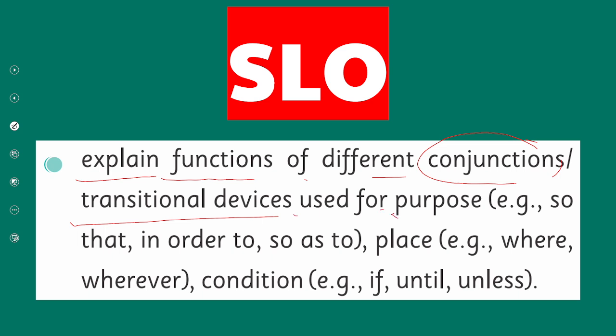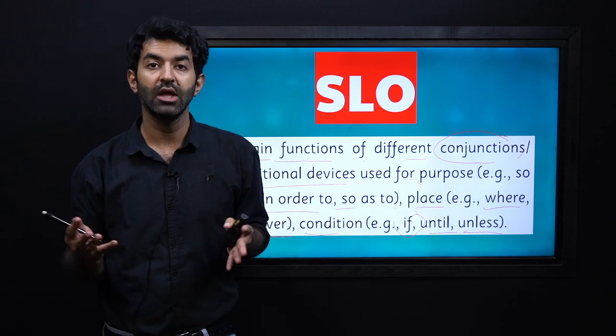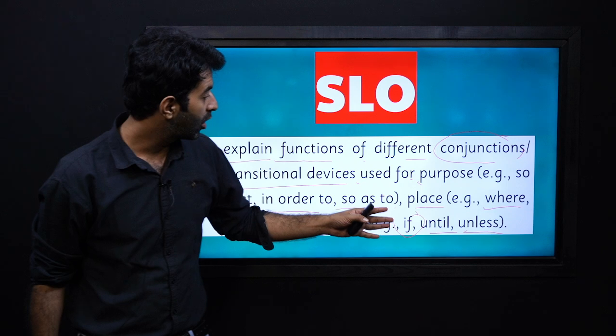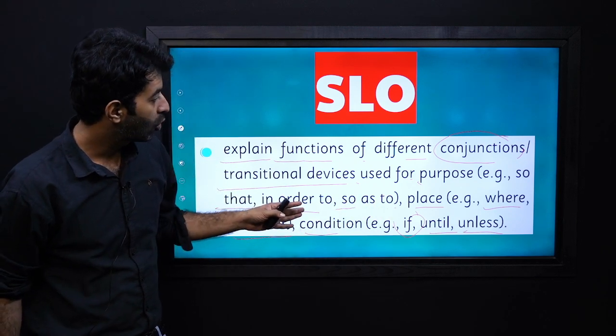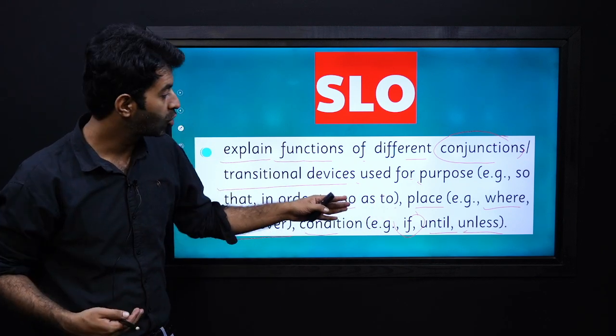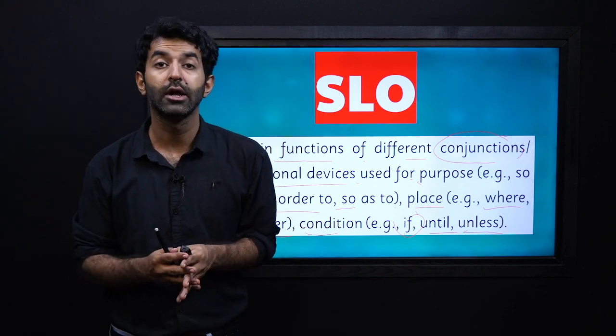For example, so that, in order to, so as to, for place like where, wherever, and condition, for example, if, until, unless. So we know that the purposes are of three kinds. This is for to show order, to show place, or also condition.